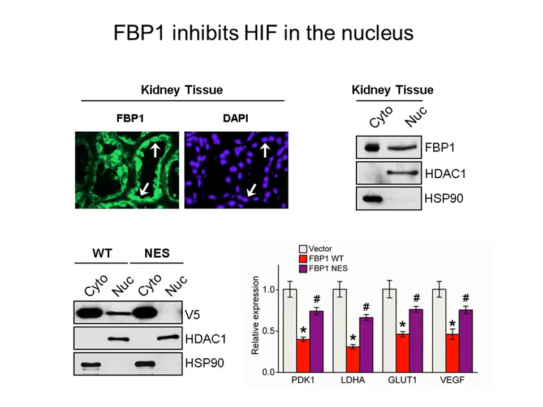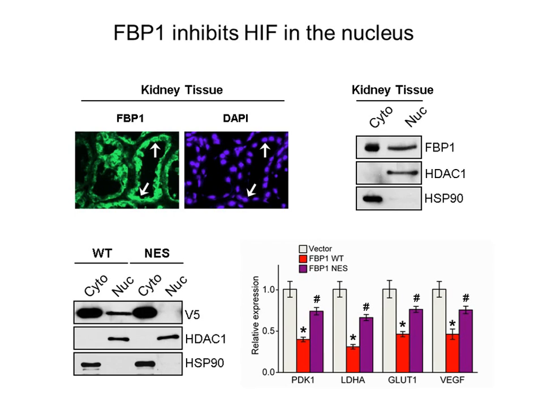Also shown is the fact that we can introduce wild-type FBP1, this is in the lower right-hand side, into these cells. These are renal cancer cells that don't normally have FBP1. If we introduce FBP1 in, we actually saw that a number of canonical HIF target genes that I mentioned previously, glycolytic enzymes like LDHA, pyruvate dehydrogenase kinase 1, the glucose transporter GLUT1, and the angiogenic factor VEGF are underexpressed.